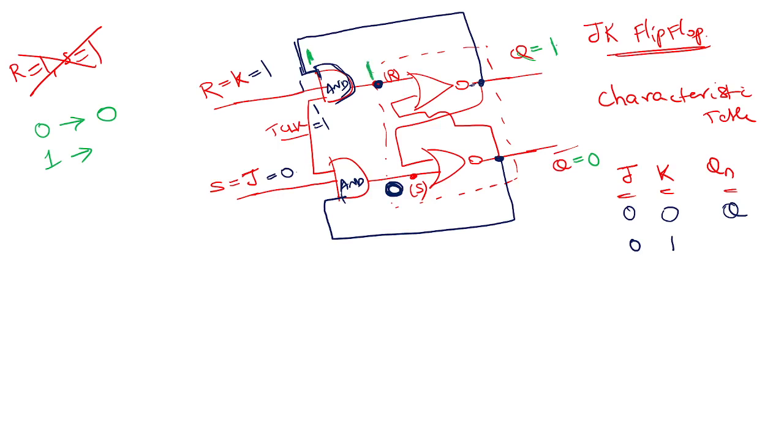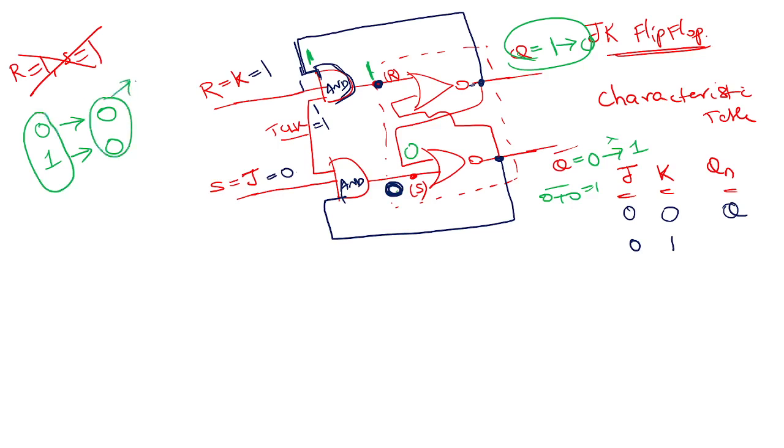That means obviously output will be 0. This 0 will be applied here. This is 0 plus 0 whole complement, which is 1. I don't care about this. I just care about this node. So it doesn't matter whatever is the value out there, it is always 0. That is why this is nothing but a K.